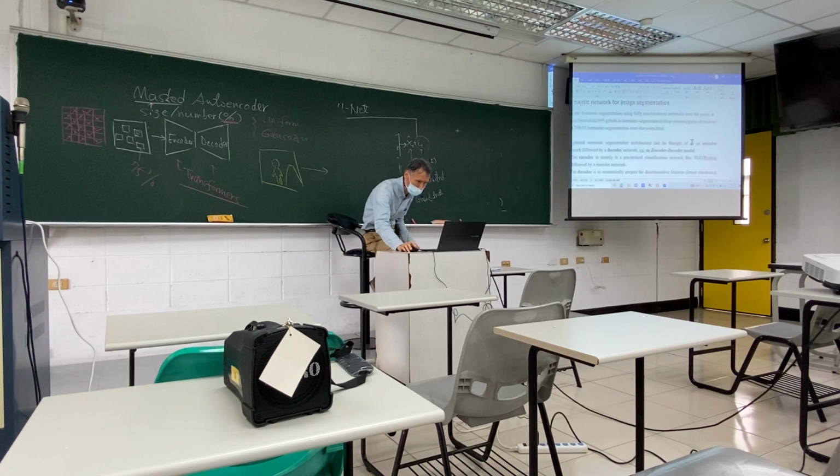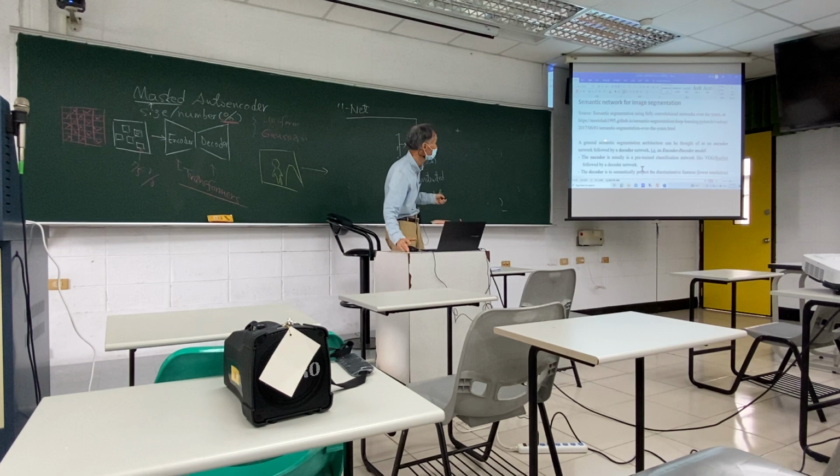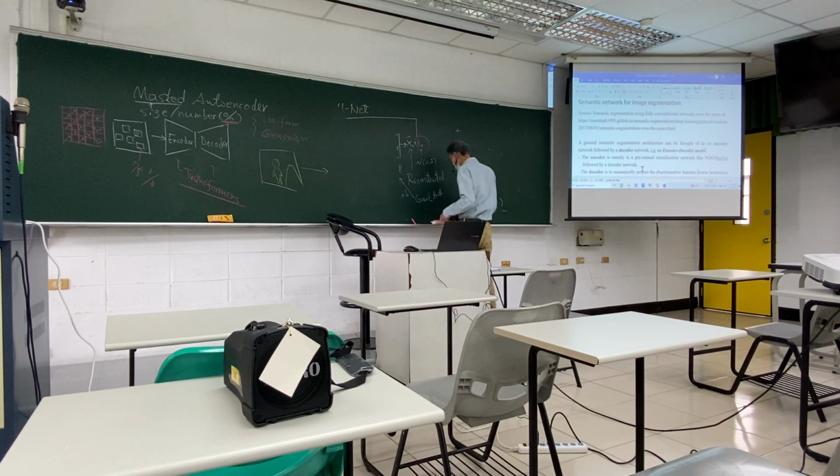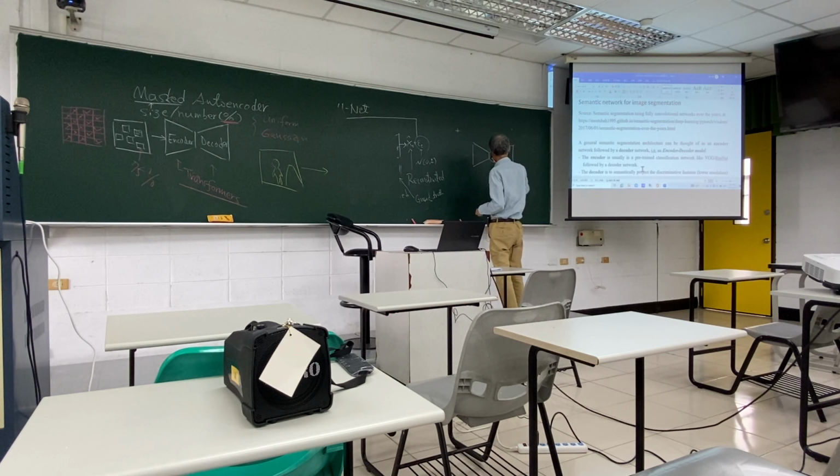Okay, the very first one in the early days, anyway, the semantic network model must be in the form of encoder and decoder. It must contain an encoder and decoder.